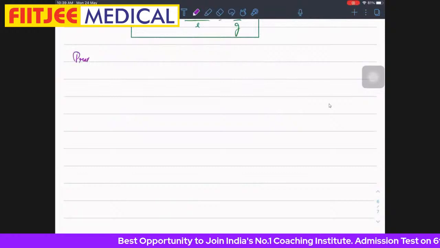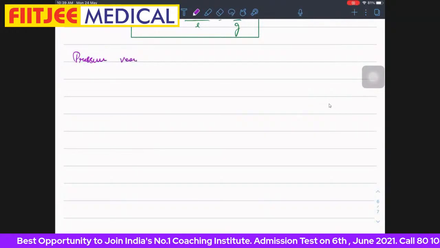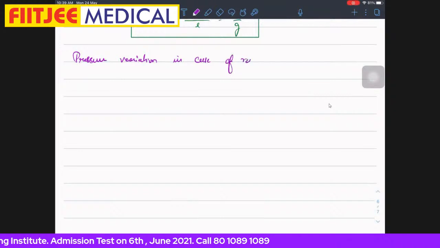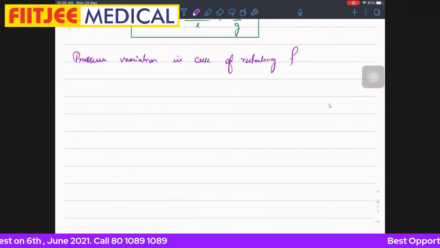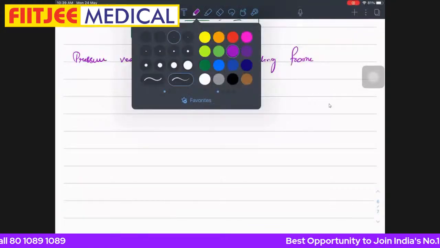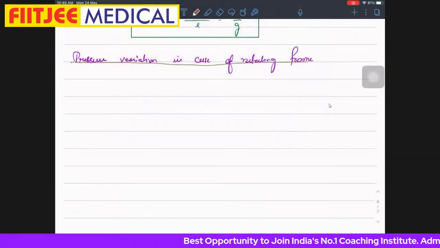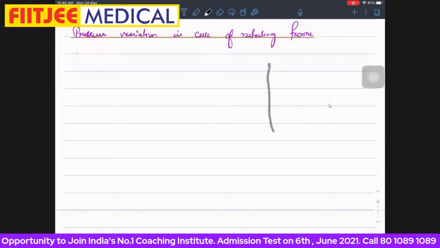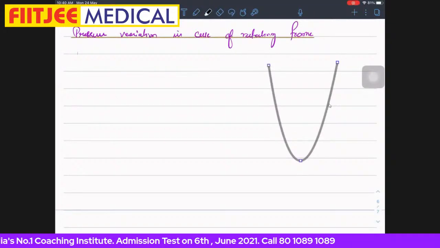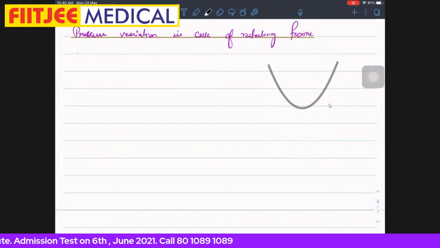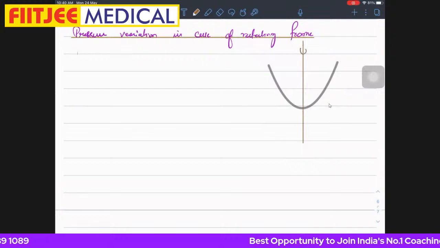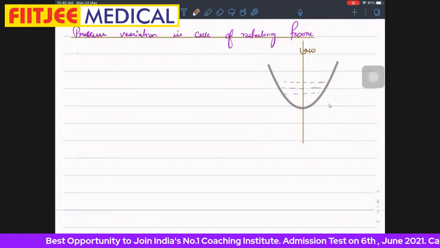What about a rotating frame? Pressure variation in case of a rotating frame. Suppose we are given that a frame is there, this platform is rotating in this direction with angular velocity omega about this axis.